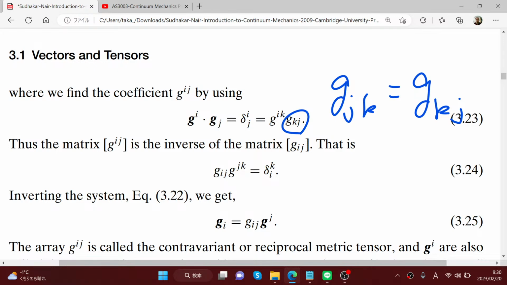So this is okay. Thus the matrix Gij is the inverse of the matrix Gij downstairs.